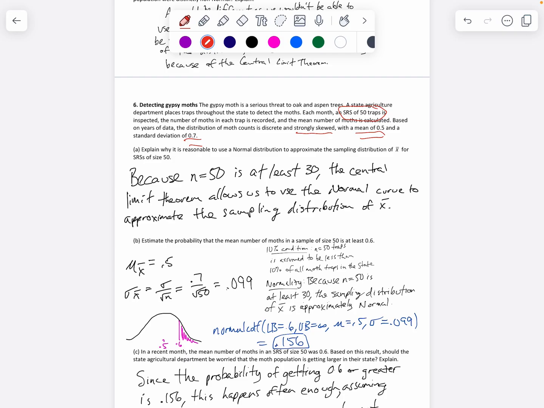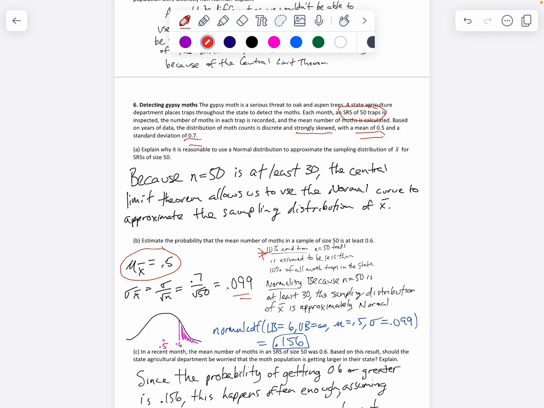The mean, just like we've talked about multiple times already in this video, is what it is in the population of all those x-bars. The standard deviation does change, only after checking the 10% condition, which we can assume, since 50 traps is less than 10% of all the traps, since we're talking about an entire state, right? So we have now a standard deviation to use.